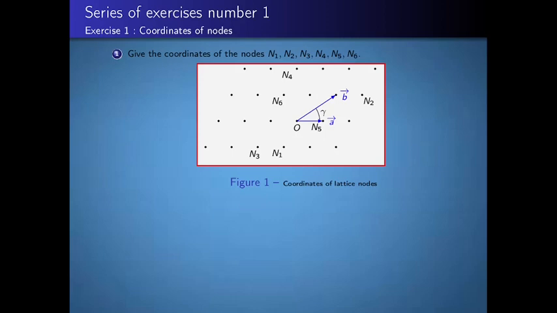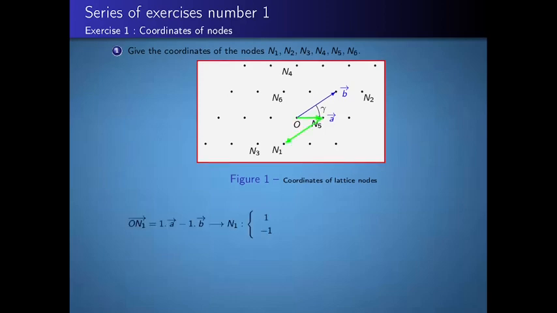For example, to determine the coordinates of N1, we have to do the translation from O to N1, which is 1A minus 1B. And we say that the coordinates of N1 are 1 and minus 1.